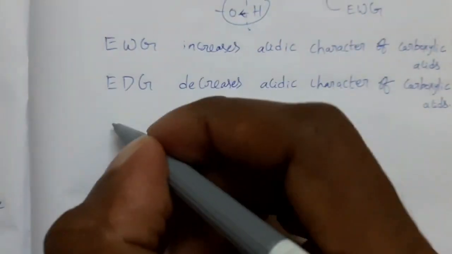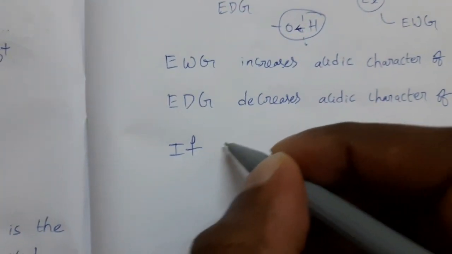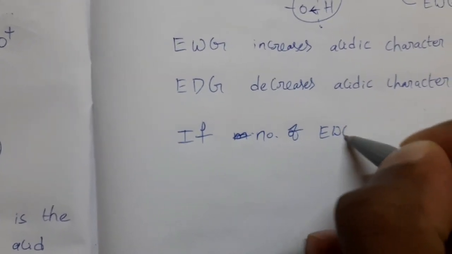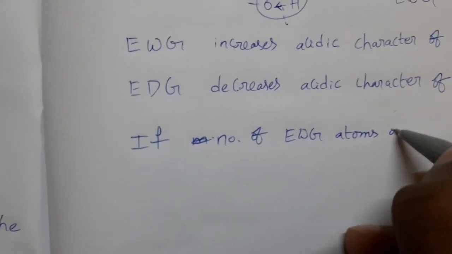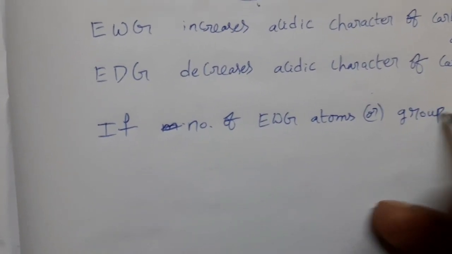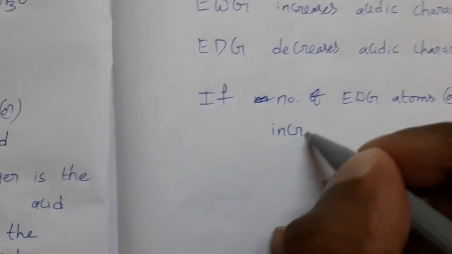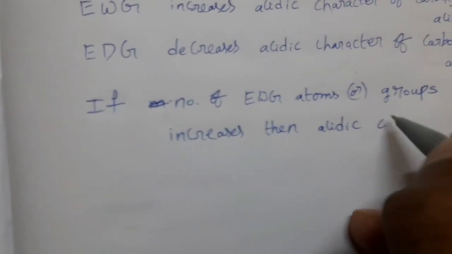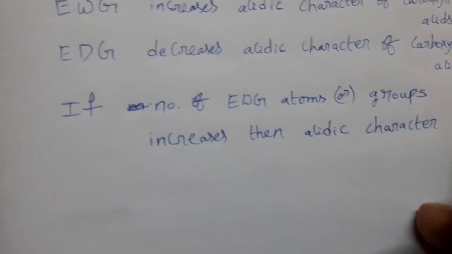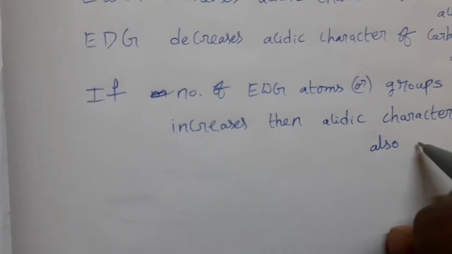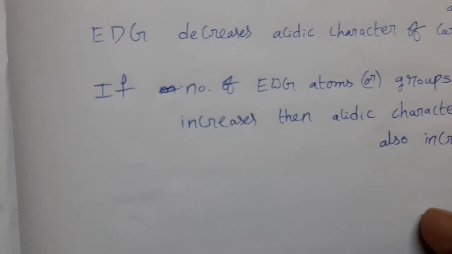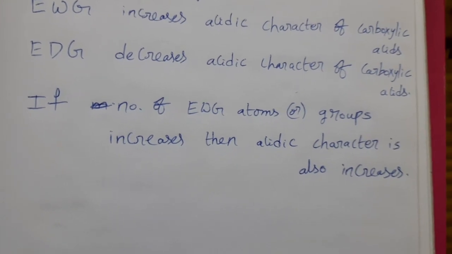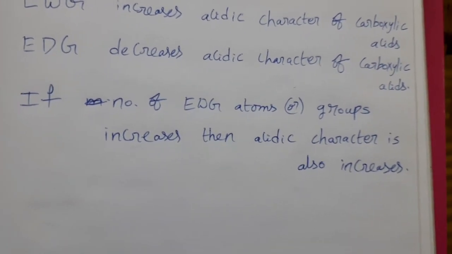So if the number of electron withdrawing atoms or groups increases, then acidic character also increases.